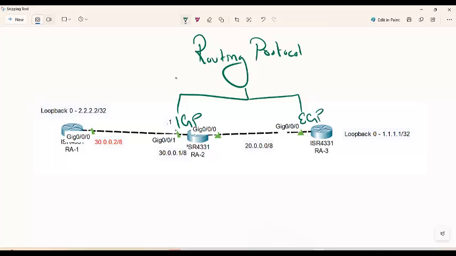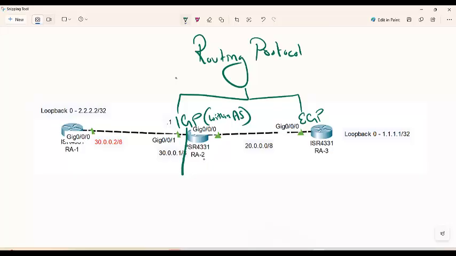IGP stands for Interior Gateway Protocol, the protocols within an autonomous system, within an organization.